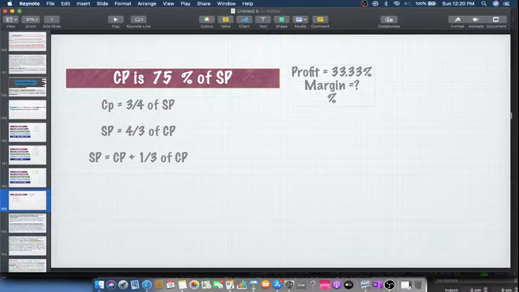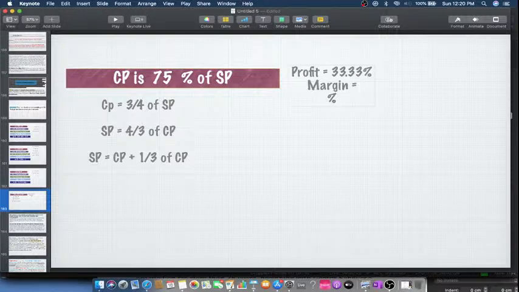So in that 100 and 110 story, I buy the stuff at 100 and sell it to you at 110. The profit percentage was 10 by 100, 10%. The margin percentage is going to be 10 by 110, which is 1 by 11 or 9.09%. So let me first capture margin.